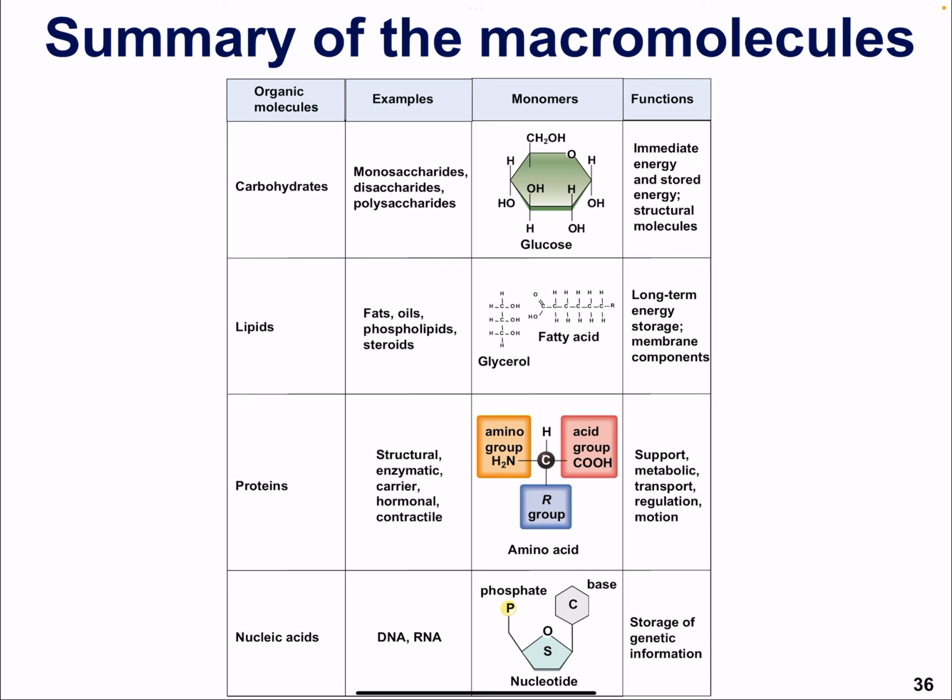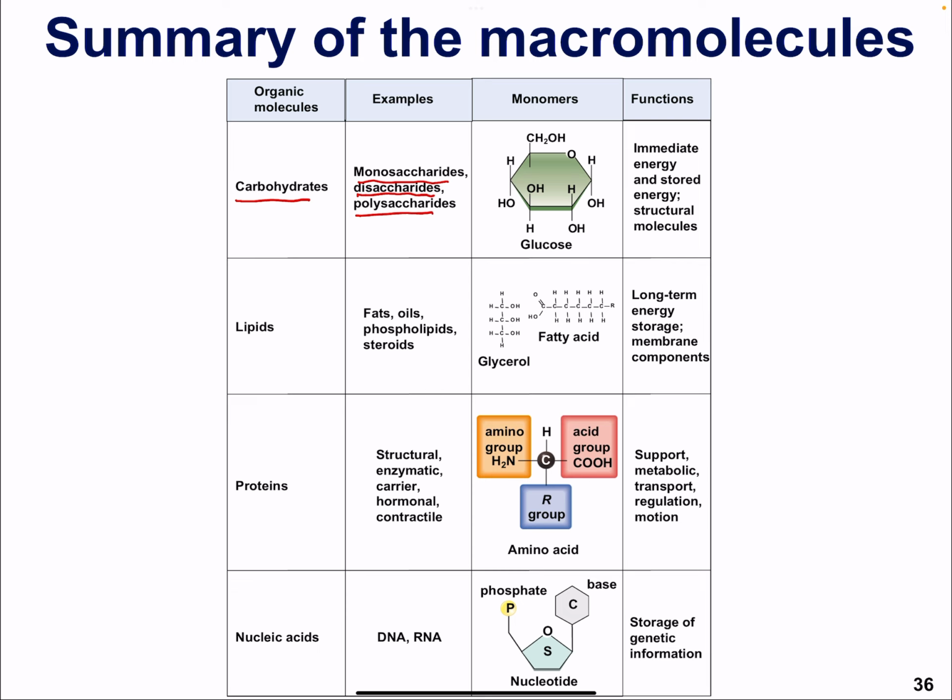Finally, let's summarize all the molecules of life, the building blocks, and their functions. Let's start with the carbohydrates. Some examples of carbohydrates are going to be monosaccharides, disaccharides, and polysaccharides.